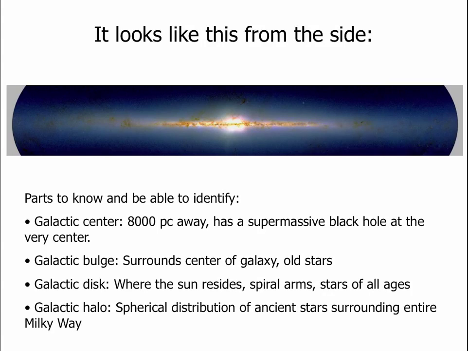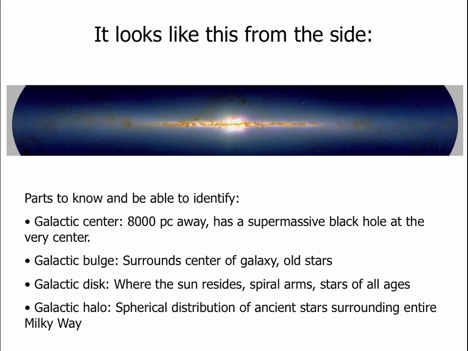So the parts of the galaxy I want you to be able to know and to identify are the galactic center. Know that it's about 8,000 parsecs away, or 26,000 light years. It has a supermassive black hole there. The galactic bulge that surrounds the center of the galaxy is made of mostly old stars.